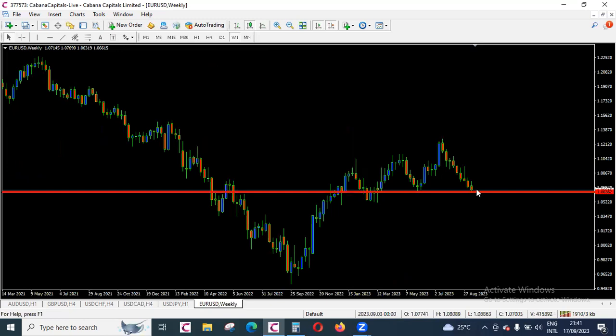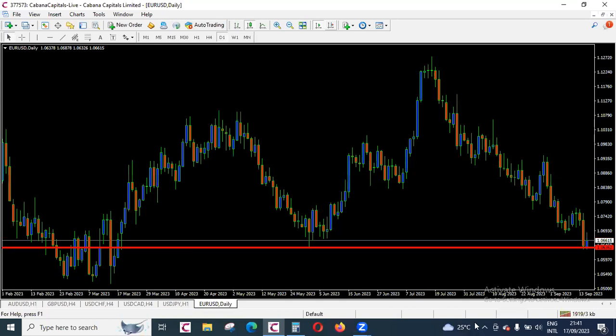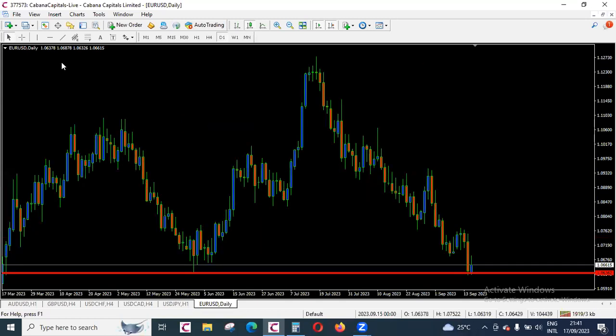But as you know, we can't just jump in and start buying now, right? Because last week's candle closed bearish, which indicates that there are still more sellers in the market. So at what point should we consider buying? Let's see what we have on daily. Okay, good. We have a bullish setup on daily, right? And we had a previous support that was broken, which is now a resistance.